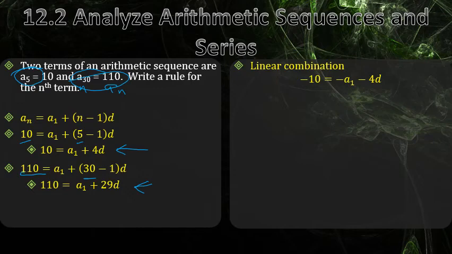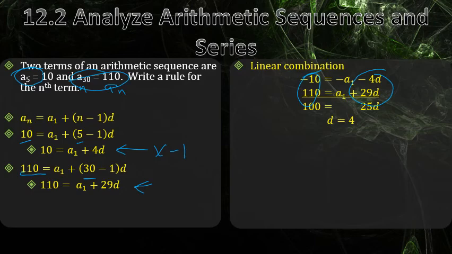I could eliminate the a1, so I'll multiply this first one by negative 1. Add those together, looks like we'll have 100, the a1s are gone, and 25d. Divide by the 25, and d is 4.